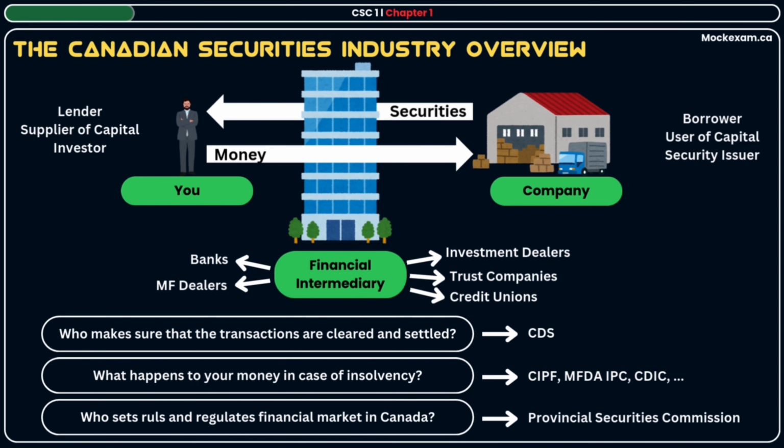But the point here is provincial securities commissions don't directly go and check each financial intermediary independently. Instead, they delegate some of their powers to self-regulatory organizations, or SROs, such as IIROC.